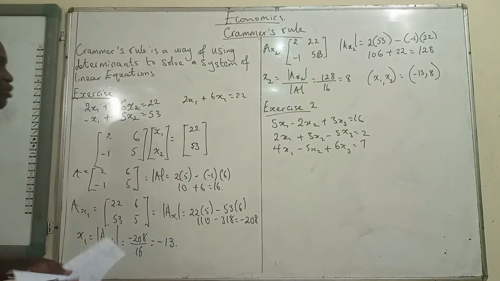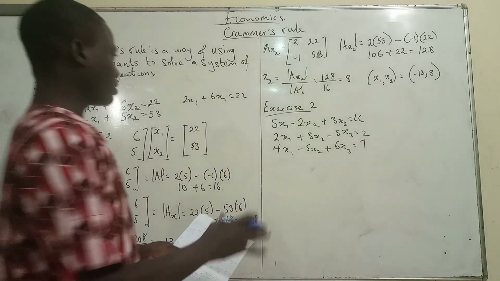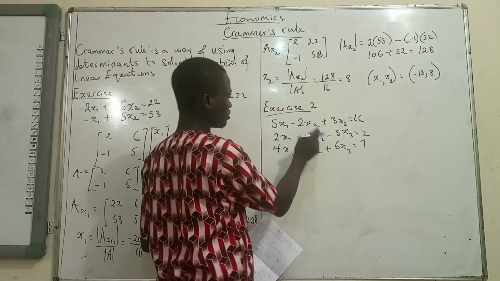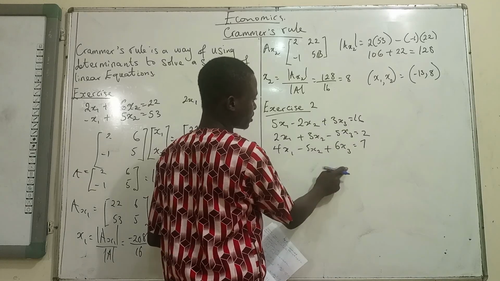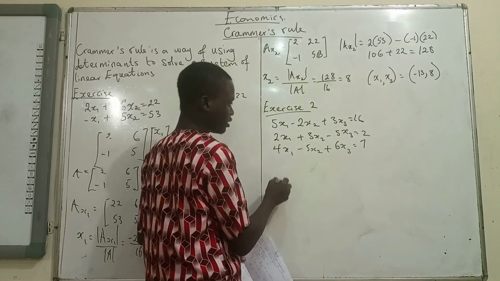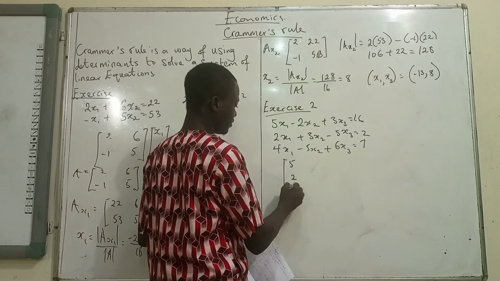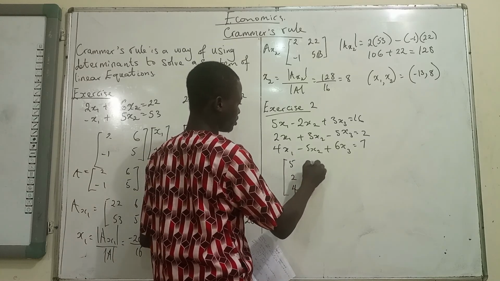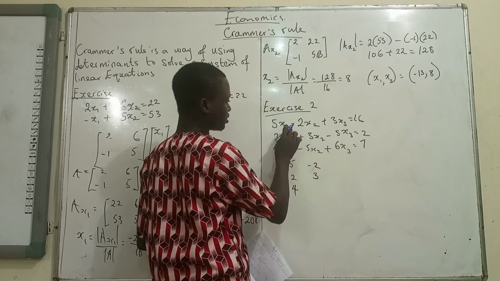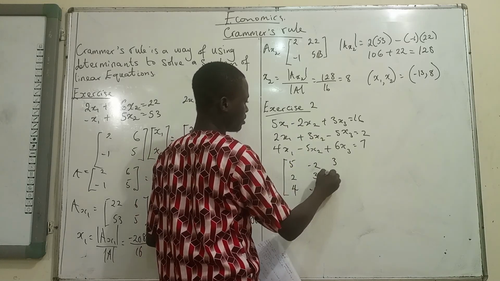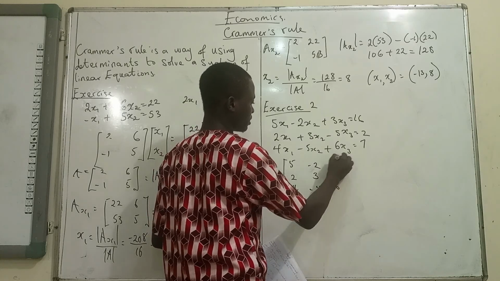What we have to do is rearrange it in matrix form first. Check the position of the variables x1, x2, x3, then we have the constants. The coefficient matrix is 5, minus 2, and please make sure that you don't write 2 instead of minus 2, then 3, minus 5, 3, and this is minus 5, and this is 6.